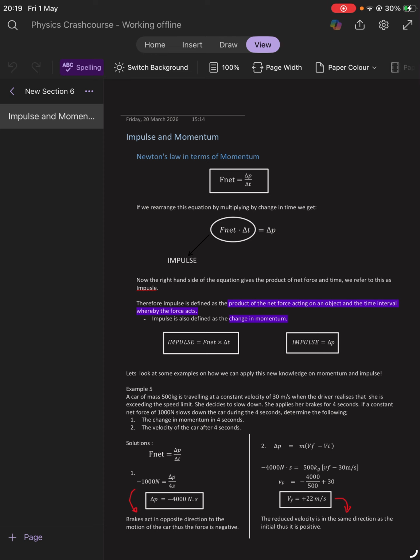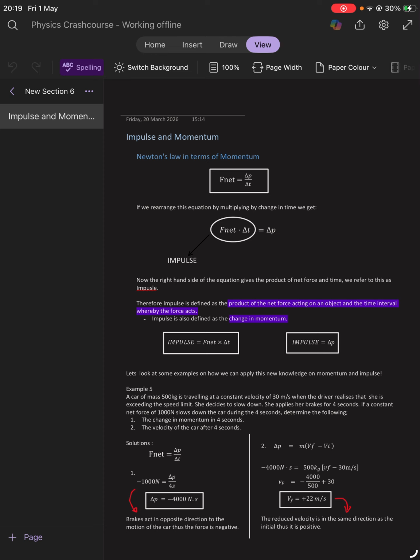That means that velocity is not changing, of 30 meters per second, when a driver realizes that she's exceeding the speed limit. So she decides to slow down. Now, she applies the brakes for 4 seconds. That is the time interval whereby she's applying brakes.